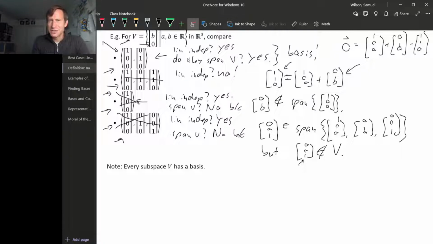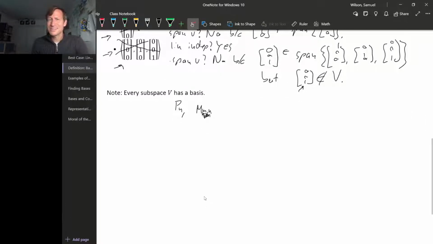For example, P_n, or M_mn, matrices with m rows and n columns. You might be able to come up with a basis for that as well. But there are some vector spaces where it's not really obvious if it's possible to write down a basis.